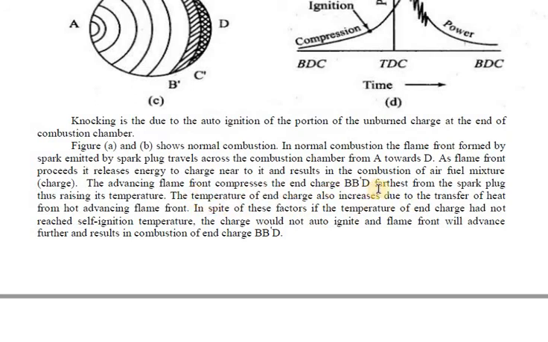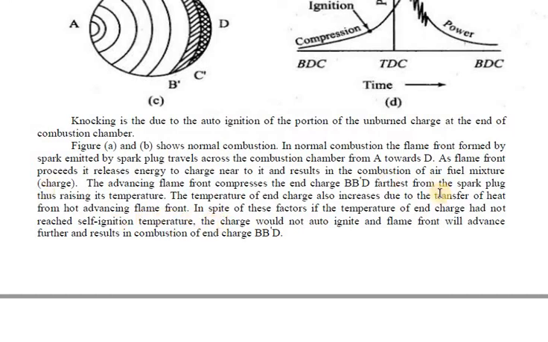Then the advancing flame front compresses the end charge, that is B dash and D, farthest from the spark plug, thus raising its temperature. The temperature of the end charge also increases due to the transfer of heat from the hot advancing flame front.